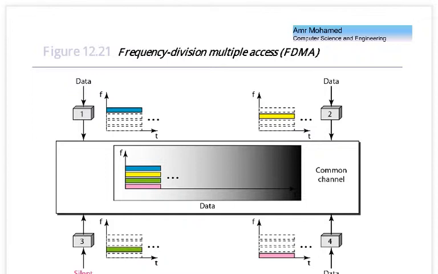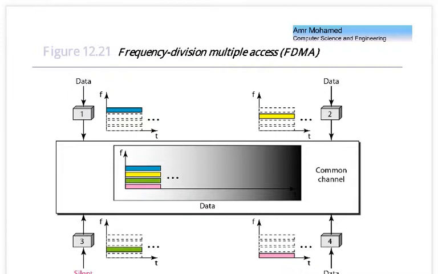We also talked about the fact that we have to use what we call guard bands. Between each two nodes, there has to be some guard band to account for the non-ideal filtering that we usually use, because the filtering will never extract this frequency range in an ideal way.